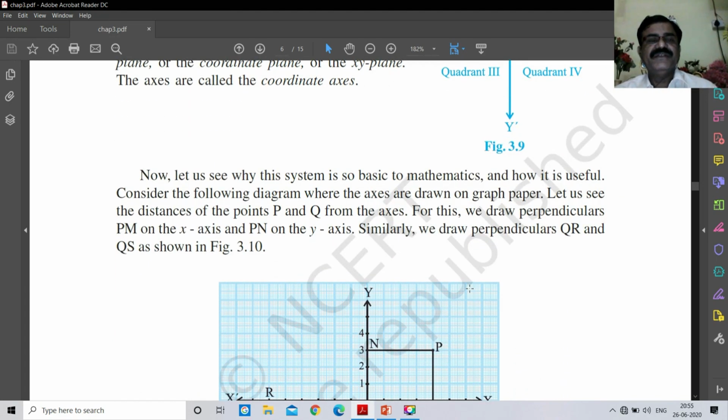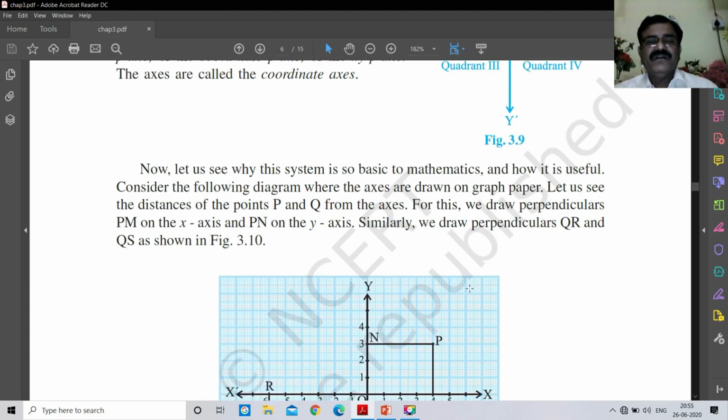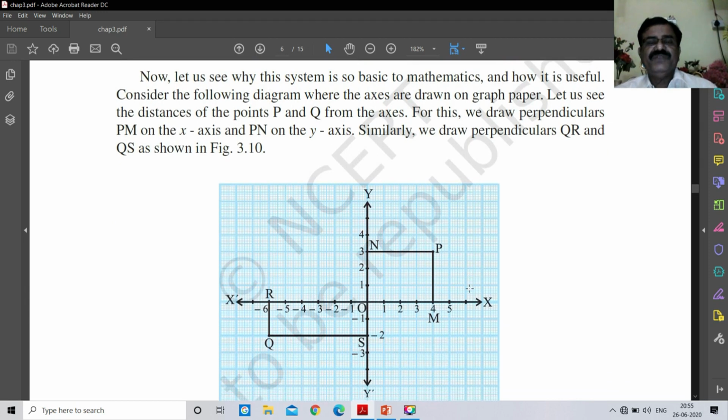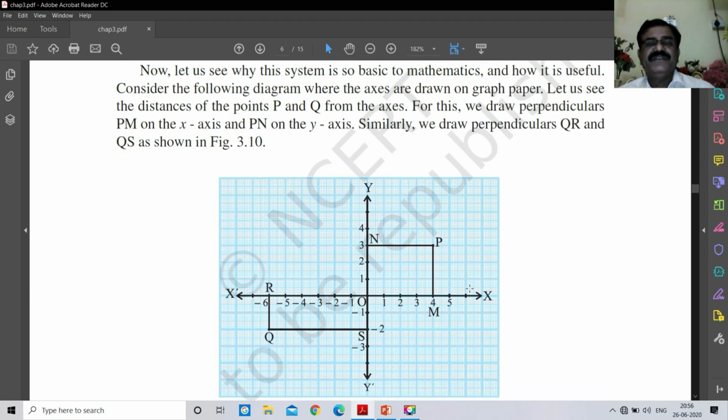Now let us see a point which has been located in a plane. You can see a point P has been located whose horizontal distance is PN while the vertical is PM.